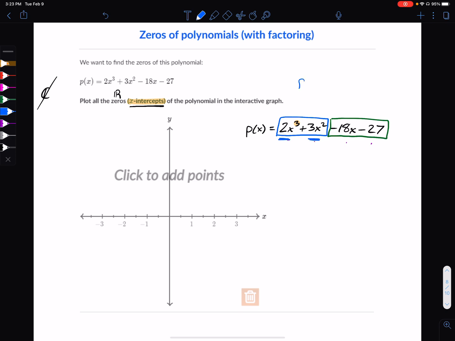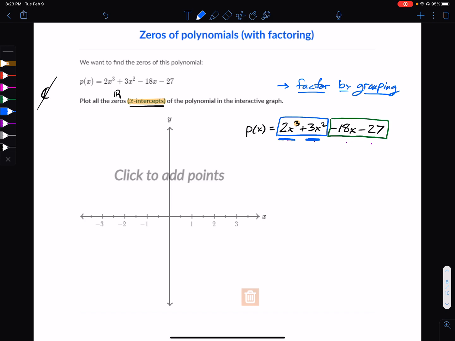By the way, I called this factor by grouping. This is a tactic you can research on YouTube if you want more. I actually have quite a few other videos on my YouTube channel about factor by grouping method or splitting the middle term. The thing about this one though is the middle term's already split, so we're just going to jump right in to factor by grouping, which means I'm going to look for something in common between these first two terms in the blue box.